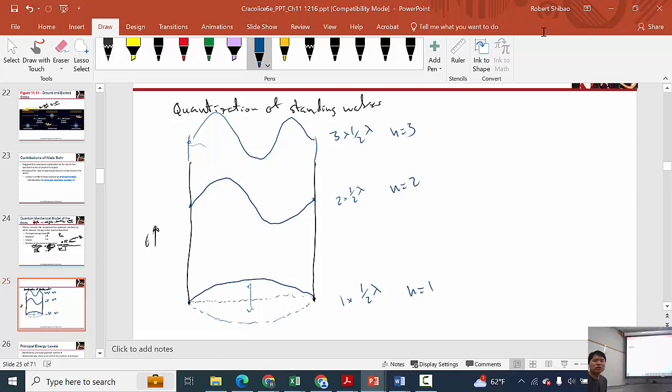But what happens if we try to put in, let's say, 1.5 times half lambda? What happens is we end up with something that doesn't quite sync up here. So is this allowed? No, this would be forbidden. We can't vibrate the string at this wavelength because it's not going to attach there. If we try to get this one, in between this and this, it's not going to happen. You see that?